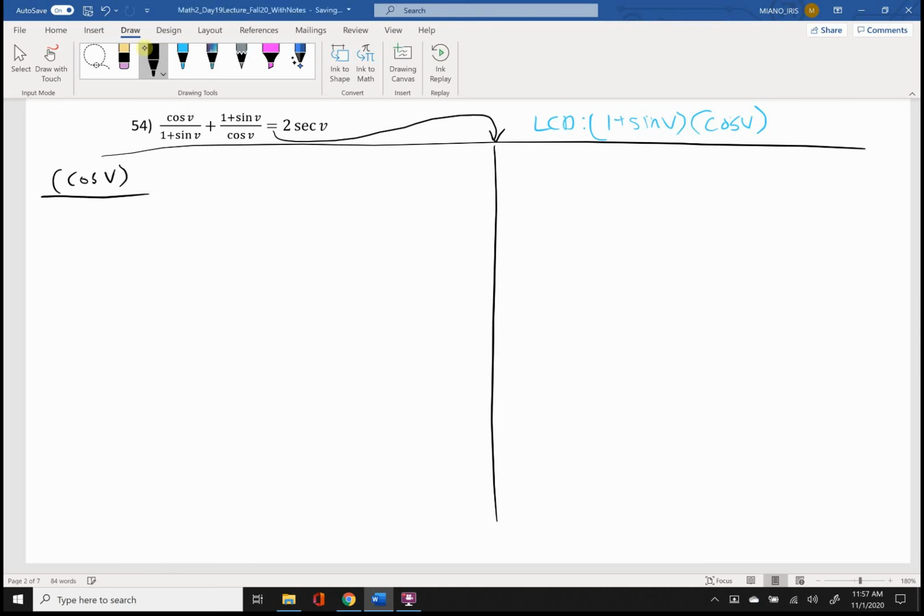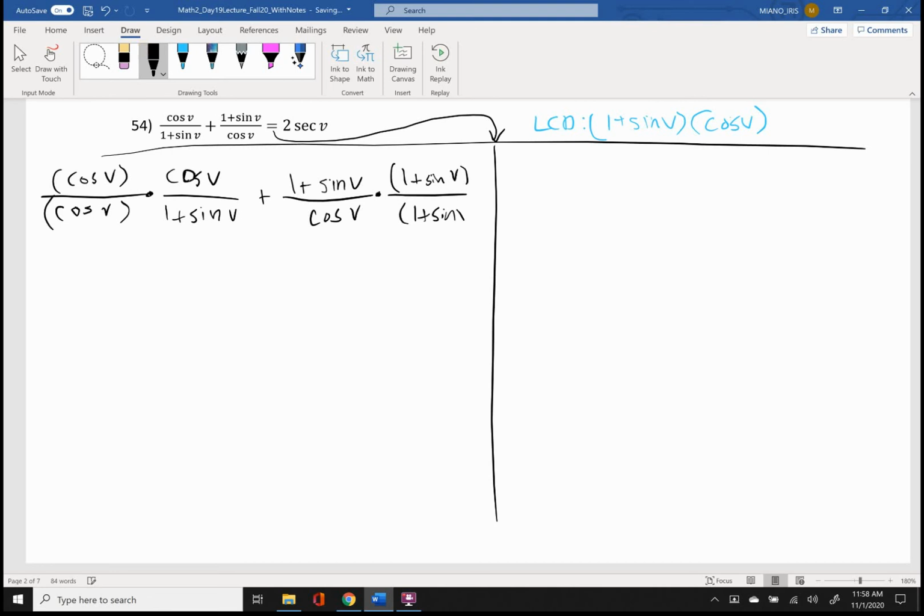Cosine V over cosine V, and I'll put them in parentheses just to make everything nice and safe, multiplied by cosine V over 1 plus sine V, plus 1 plus sine V over cosine V, but multiplied by this fun one that's going to get me that common denominator of 1 plus sine V over 1 plus sine V. Okay, so what do I hope to accomplish with this?